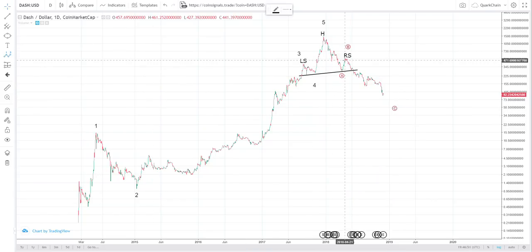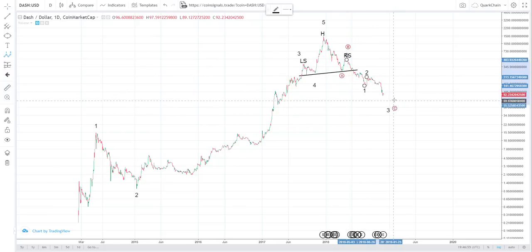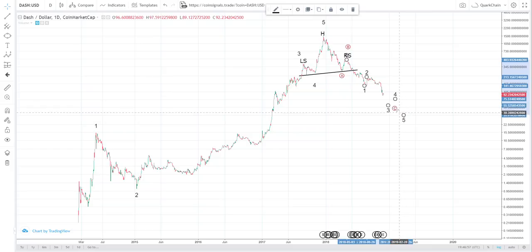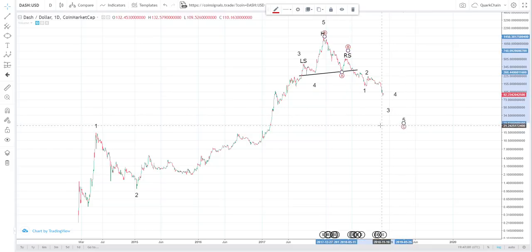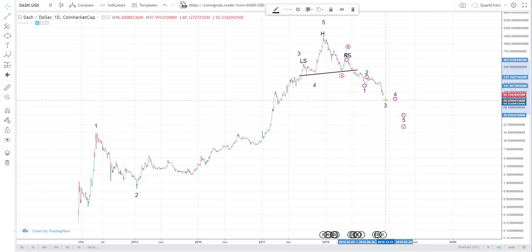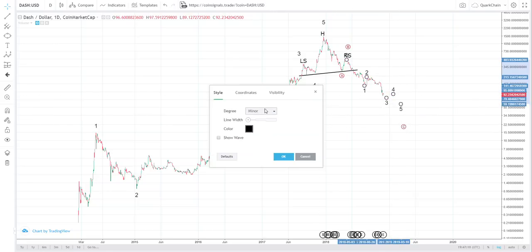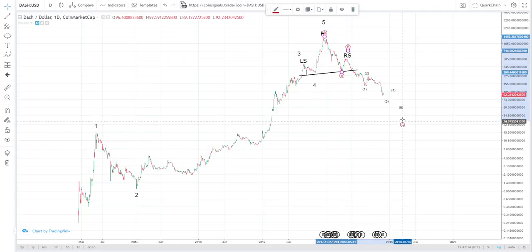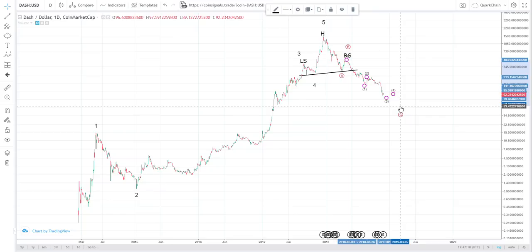And if we count that right now, we can say we have 1, 2, 3, 4, and 5. And these 5 waves would have the black 5 of red C as being the shortest wave.